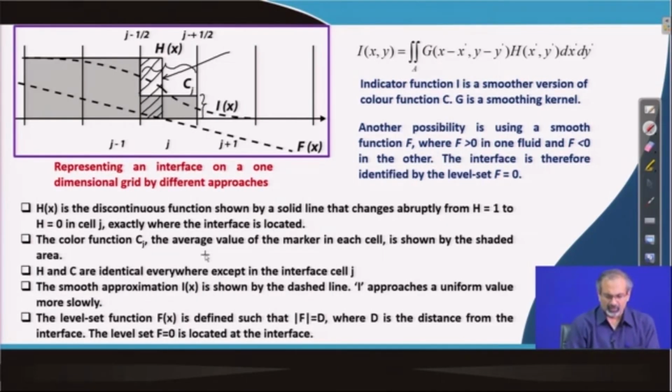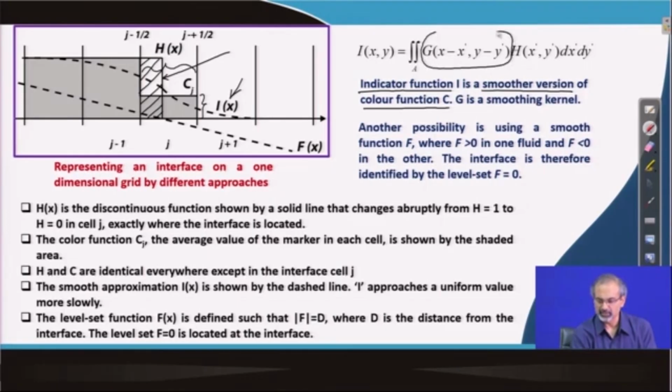Now, there are other ways, apart from the color function, to indicate the interface. You can see a function I(x), which is much smoother than the color function. The color function behaves in a piecewise constant manner, but the function I, which we call the indicator function, is a smoother version of the color function, because we incorporate a smoothing kernel which smooths out the step jump.